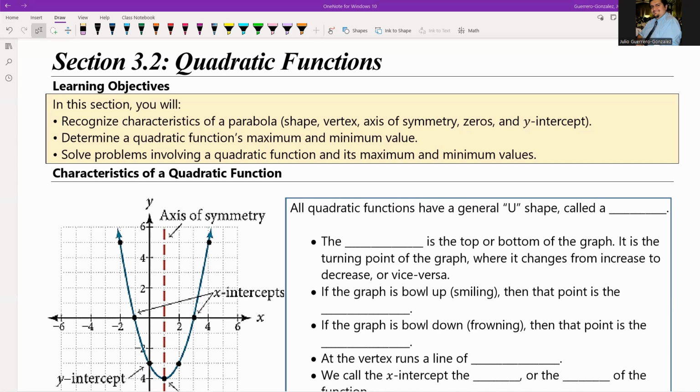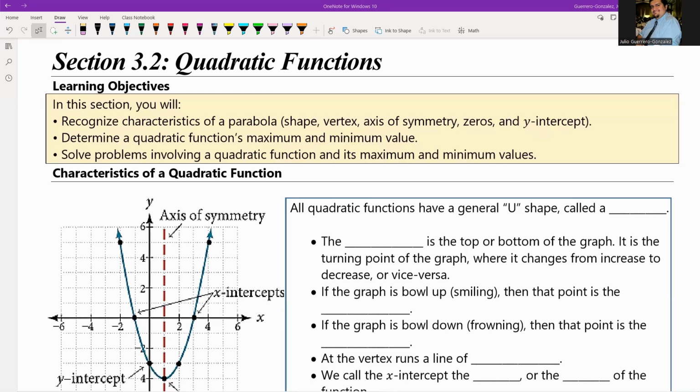A quadratic function will always have either a maximum or a minimum. Figure those out, right? In particular, quadratic functions are polynomials where the highest degree, or the highest exponent that you see, is power 2. How do we solve these kinds of equations, right? That's what we're going to do in section 3.2, okay?